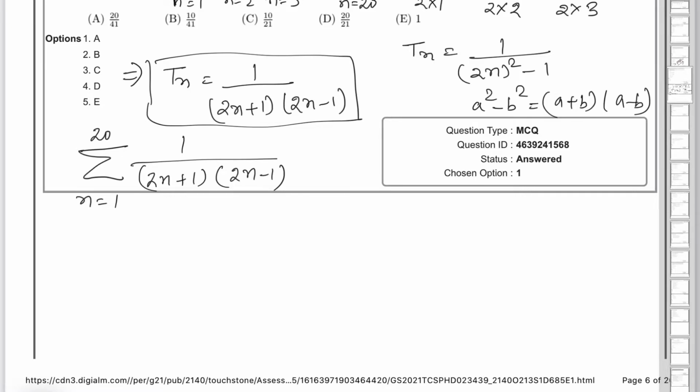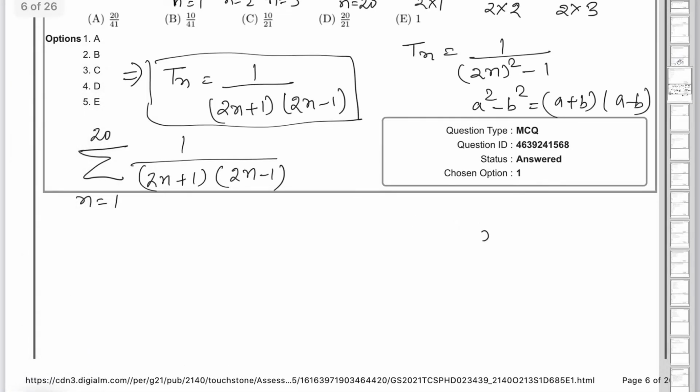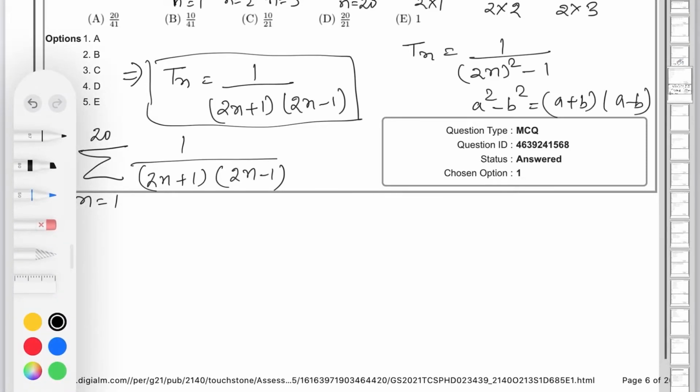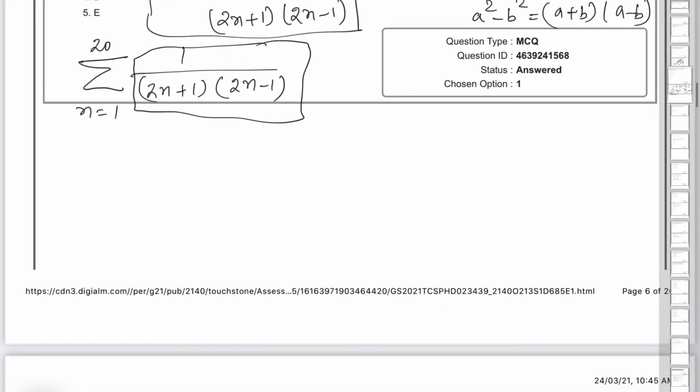Now to apply any formulas like summation of n square or summation of n cubes, we actually have to find out the partial fractions of this term. I have to separate these denominator terms here. To separate these denominator terms, I can write these terms as a upon 2n plus 1 plus b upon 2n minus 1.